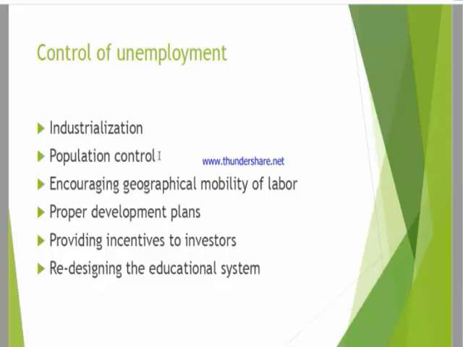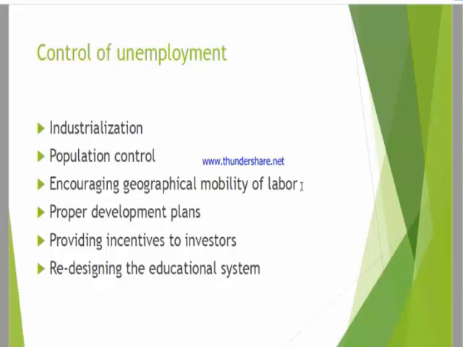Another way of controlling unemployment is population control, trying to control the population so that we will not have an overpopulated economy. If an economy is able to control its population growth, it can also help to control unemployment. Another factor is encouraging geographical mobility of labor.